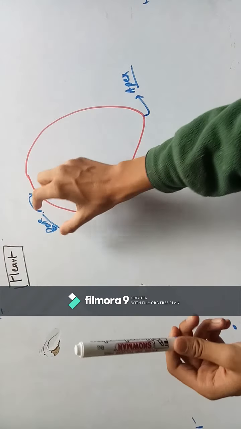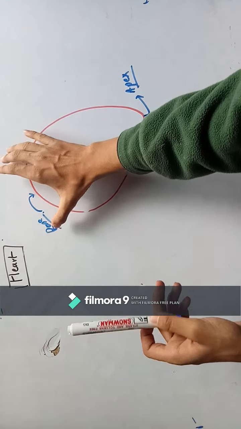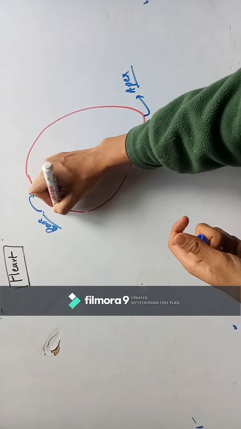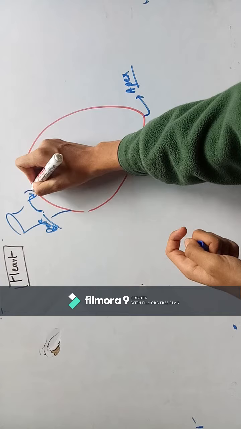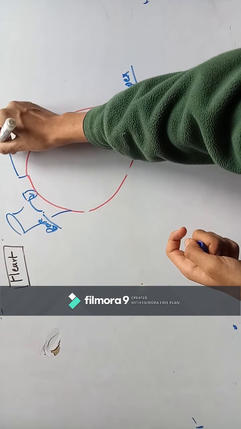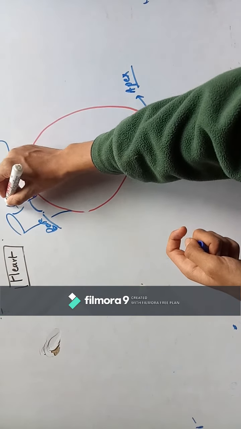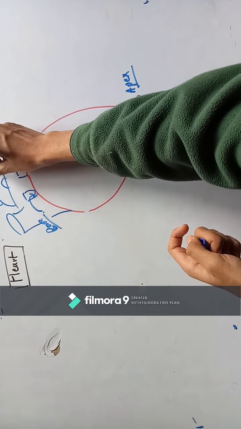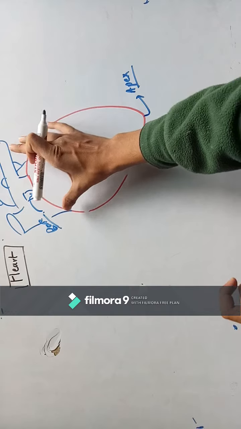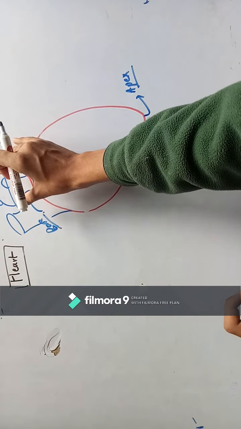So from the base of the heart there are lots of vessels that are coming out. Like the superior vena cava is coming out, the pulmonary trunk is coming out, the aorta is also coming out. So the base of the heart is the place from where these great vessels come out.